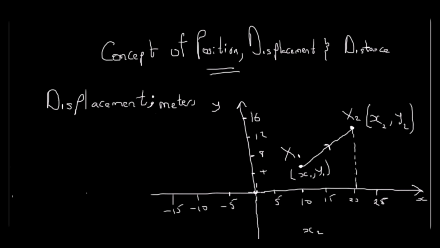And from this origin to this point is given as x1. So if I'm looking for the length between this remaining place, I simply need to say x2 minus x1.